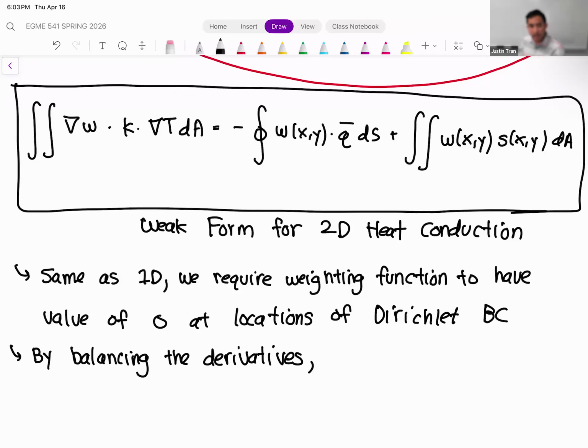And so we get the exact same benefit that we get for 1D, that this allows us to use linear shape functions.